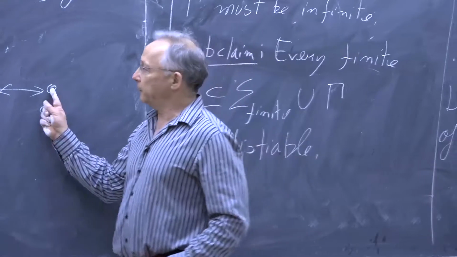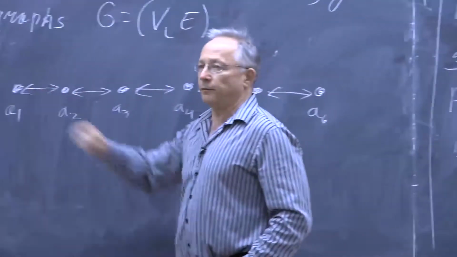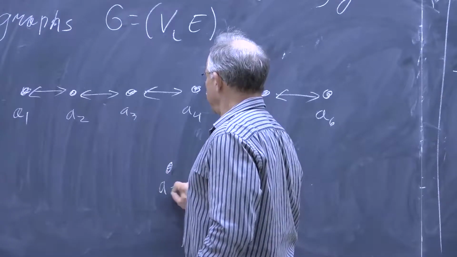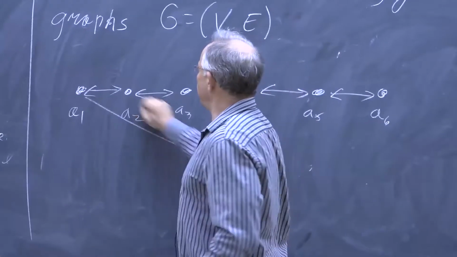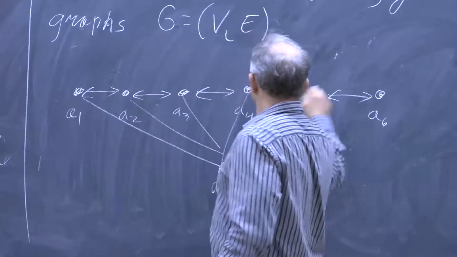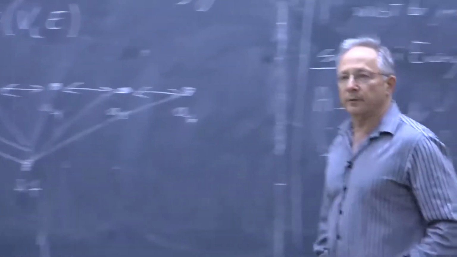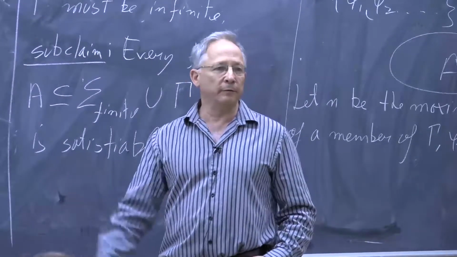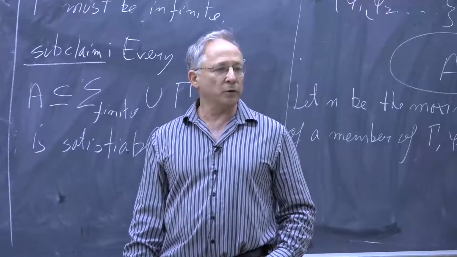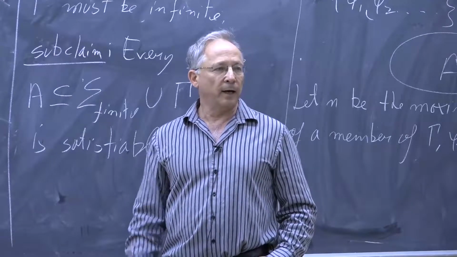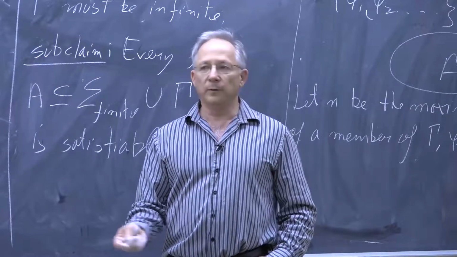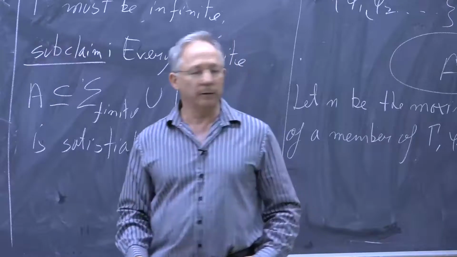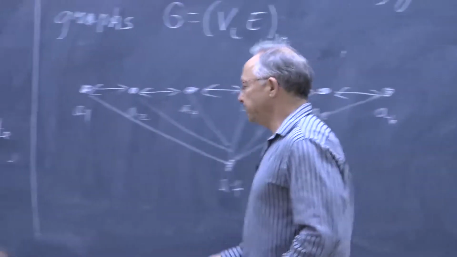So here the diameter of the graph is 1, 2, 3, 4, 5. And now if I add one node here, A7, and say I connect it to everybody, what is the diameter of this new graph? 2, because now I can get from any point to any point in 2 steps. So that's the notion of a diameter of a graph. How many steps along edges you need to take to reach from any point to any point. Okay? So let's write it formally.